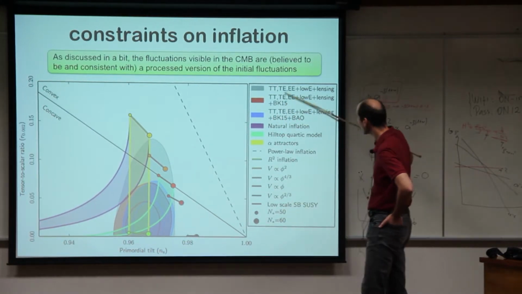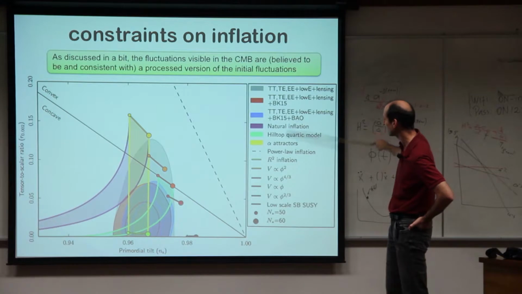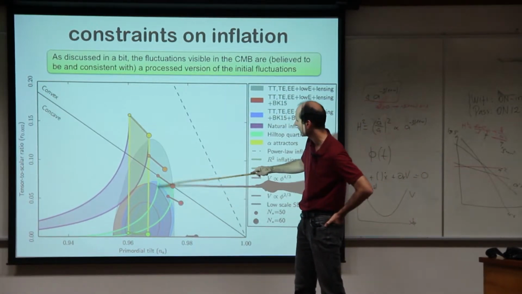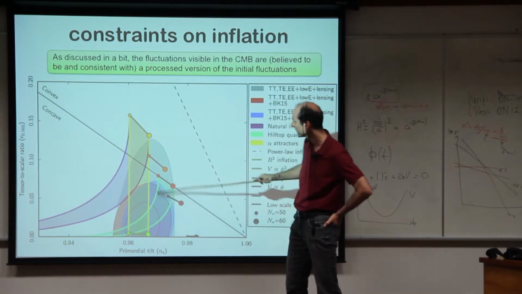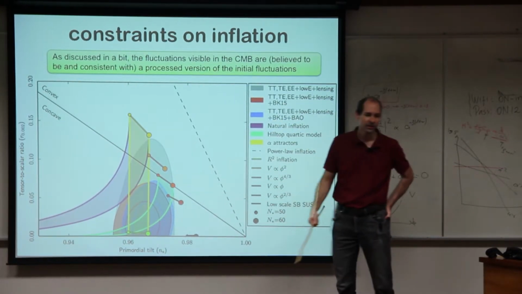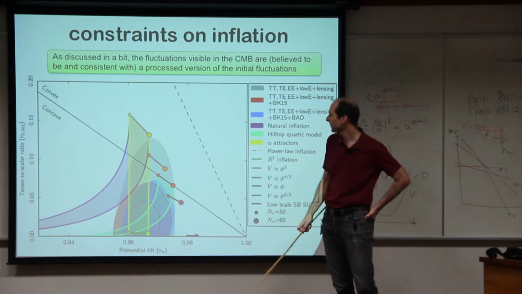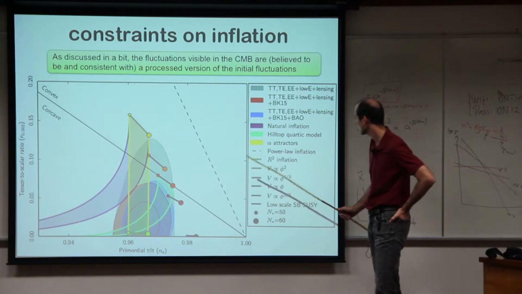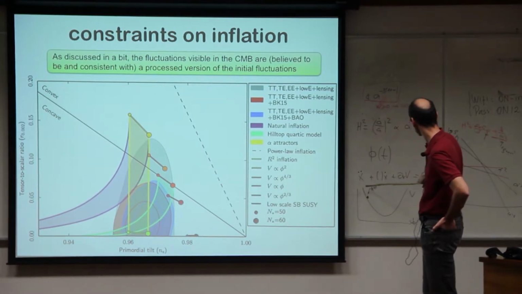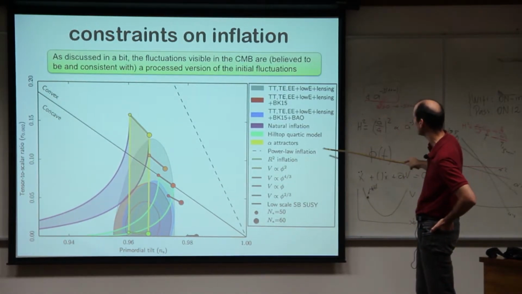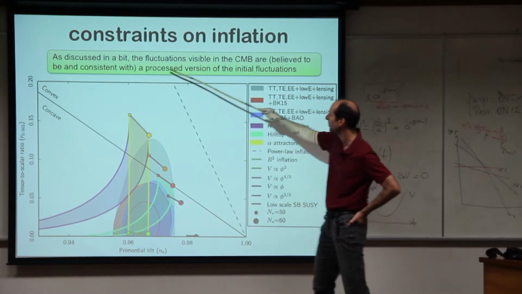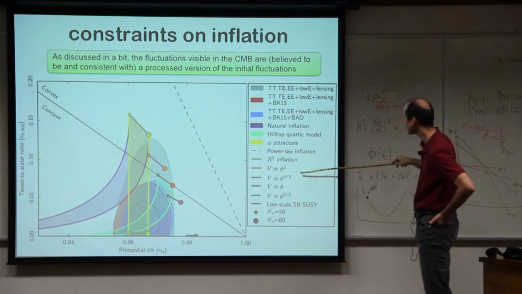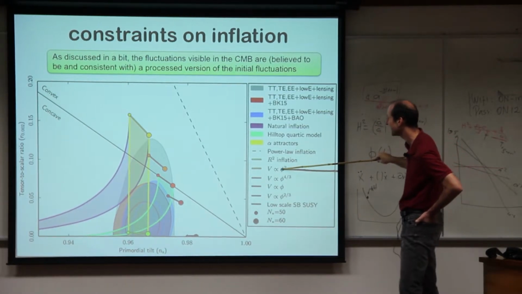And so you can then look at the large number of inflation models, and you can look which ones survive. So the best constraints are these red and blue contours down here. And so one model theorists liked had a potential that goes like phi to the power 4. So this is a phi to the 4 shape here. Phi to the 4 isn't even on this plot anymore. It's somewhere up here. So the next model theorists really liked was phi squared.